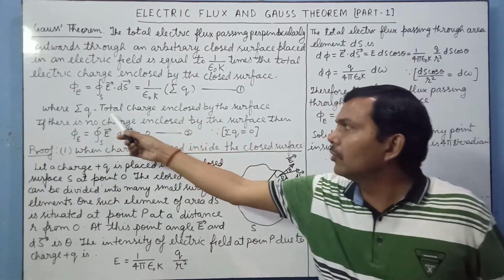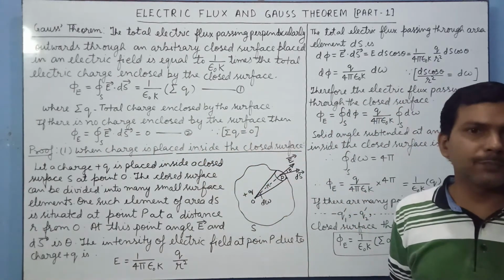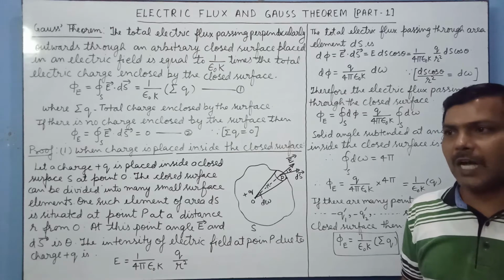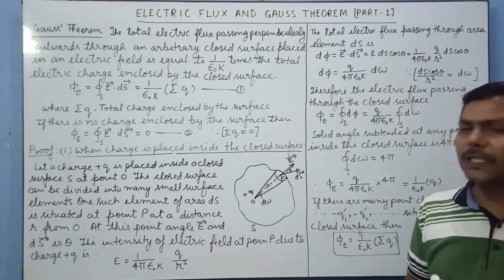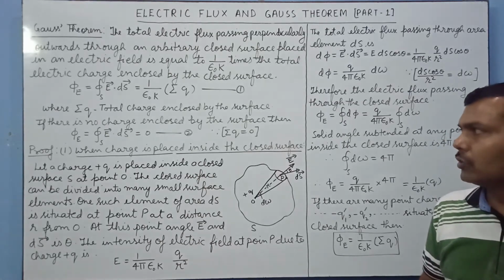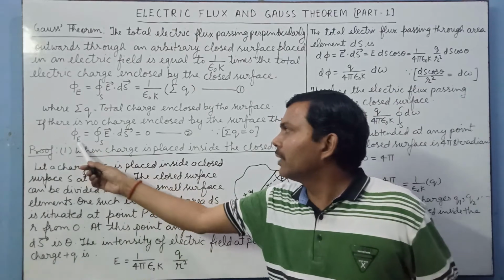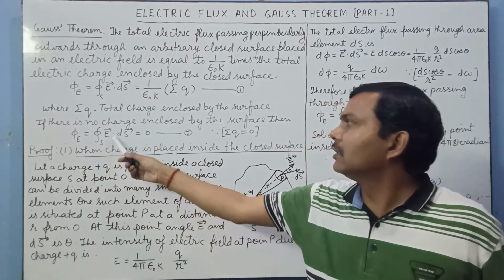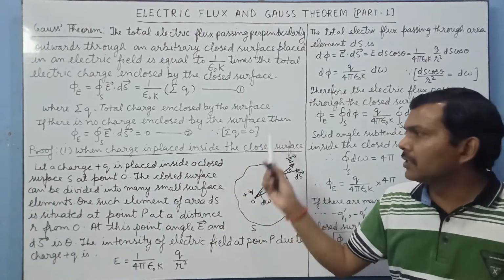Here summation q is the total charge enclosed by the closed surface. If the charge enclosed inside the surface is 0, meaning there is no charge inside the closed surface, in that case this flux, the integral of E dot ds, is equal to 0 because summation q is 0.